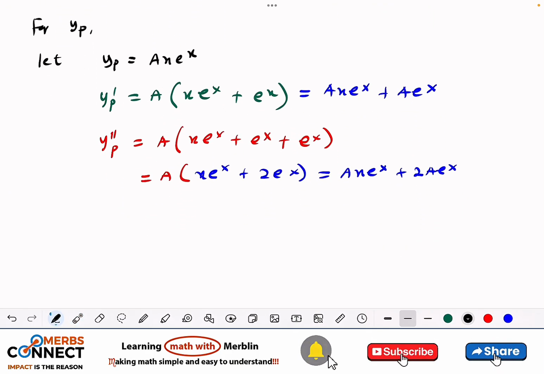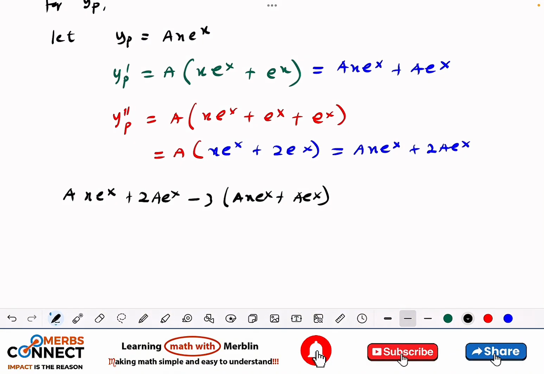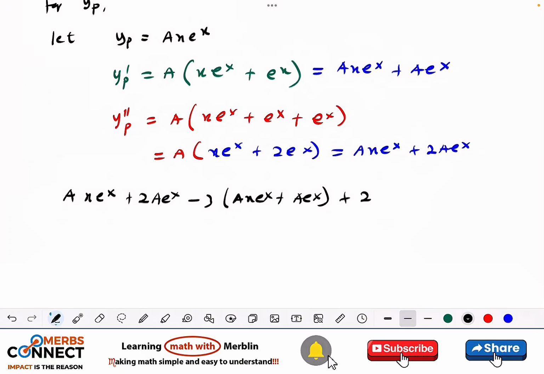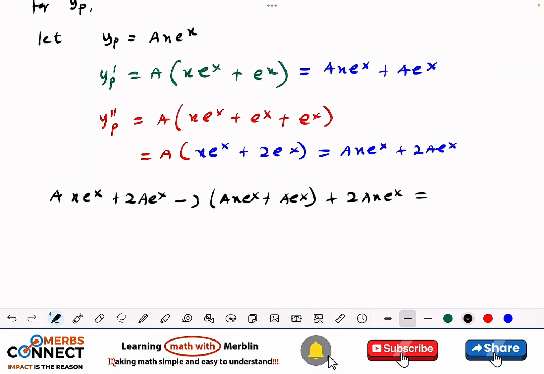So I'm going to have ax e to the power x plus 2a e to the power x minus 3 times y prime, which is ax e to the power x plus a e to the power x, and then plus 2y, right? So y is ax e to the power x, which is equal to 4 e to the power x.